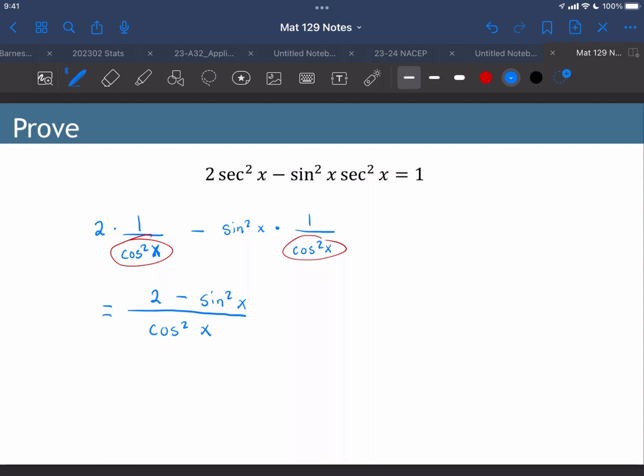So 2 minus sine squared, let's see here. Sine squared I could turn into 1 minus cosine squared. I don't know, is that going to do it?